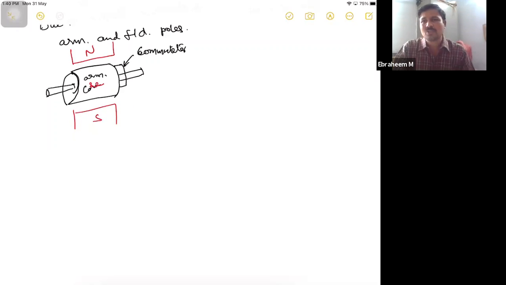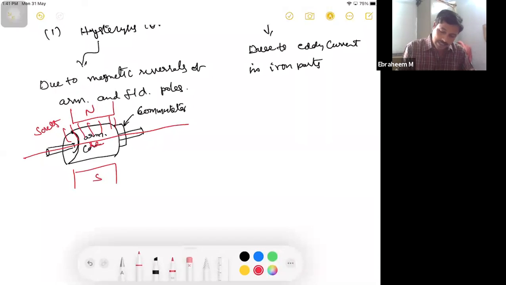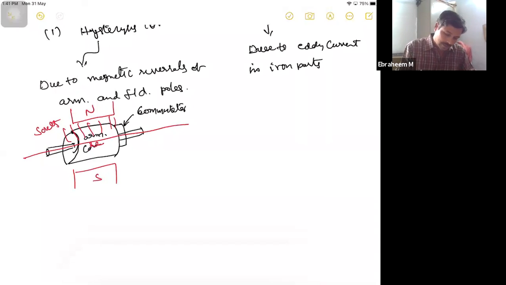So initially some energy is utilized to magnetize, and now another part of the energy is utilized to magnetize in the reverse direction, because of these magnetic reversals. For example, if I draw a horizontal line like this on this armature core, the upper part is magnetized as South Pole and the lower part is magnetized as North Pole.